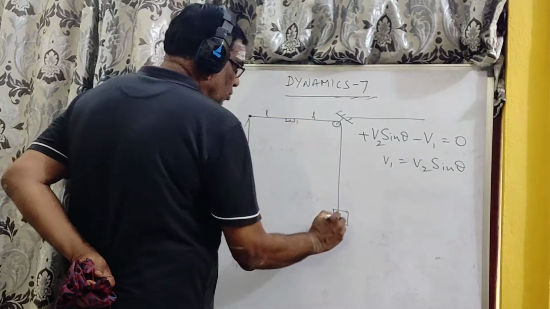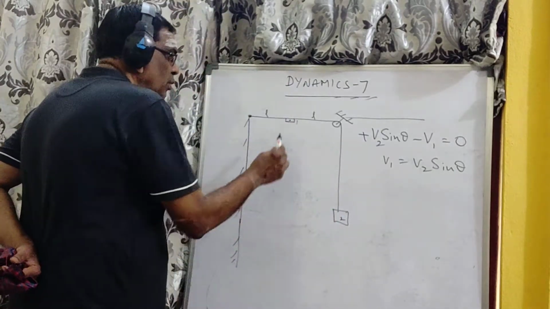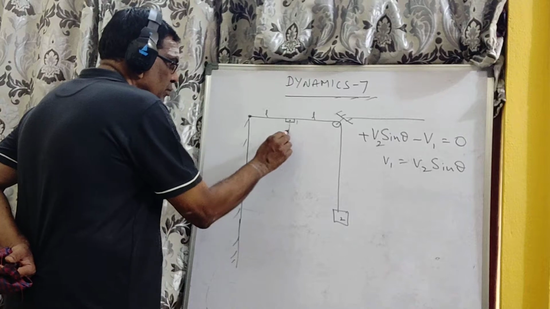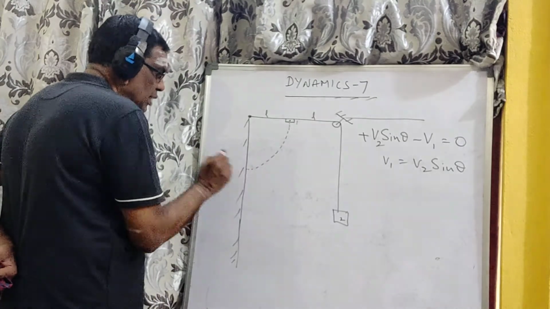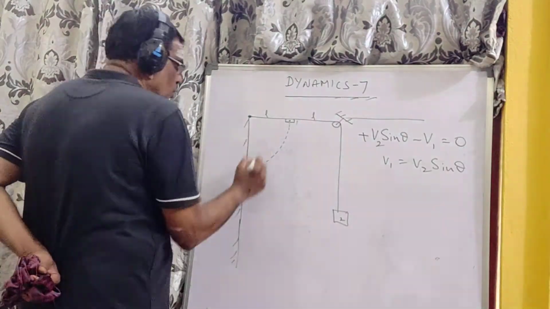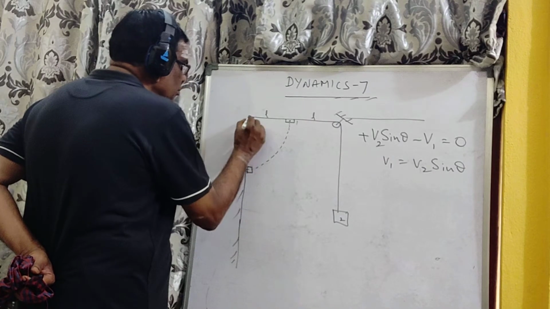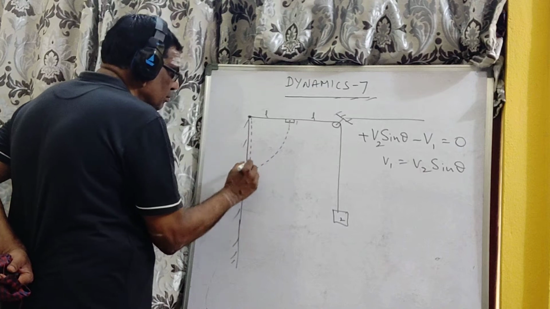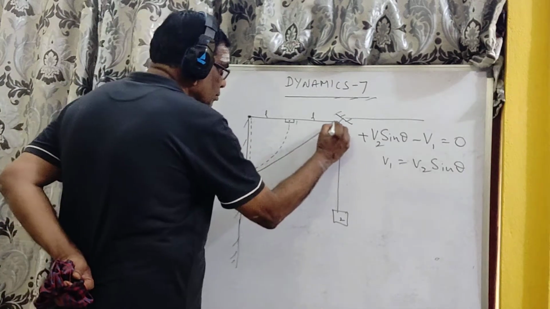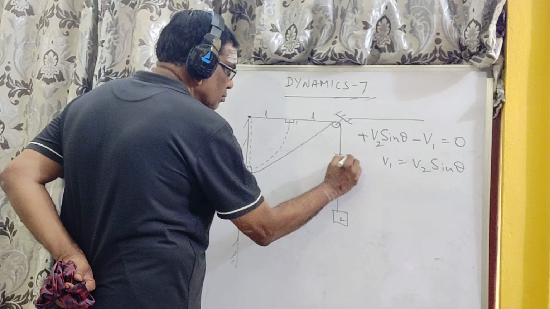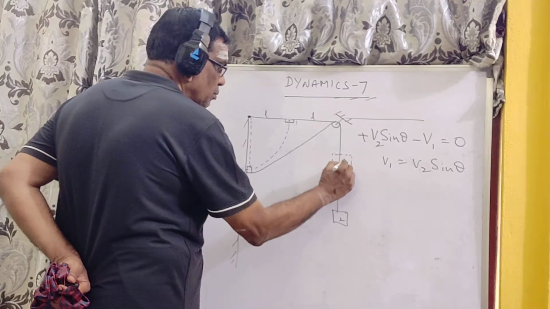This is body number 1, this is body number 2. Now once you release it, it will come and then hit it like this. So once it is about to hit, this body would have come up like this.